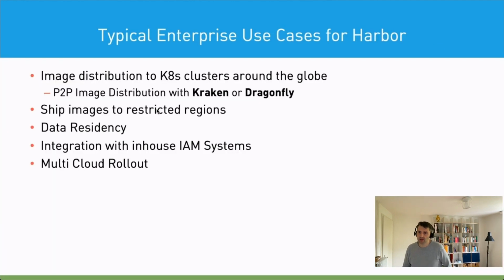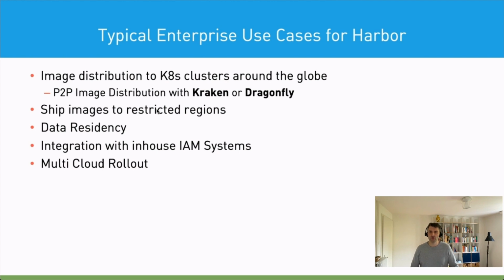So the typical enterprise use cases for Harbor, in my opinion, are image distribution. There are really different types of image distribution. You can just push and pull images, but there are also peer-to-peer image distributions with, for example, Project Kraken or Project Dragonfly.